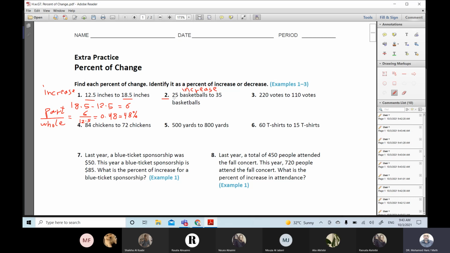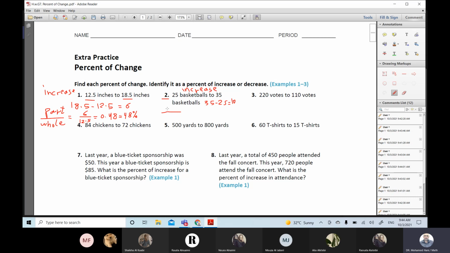Then we want to find the amount of increase will be 35 minus 25 will be 10. Then we can use the rule to find the percent of increase. The part over the whole.